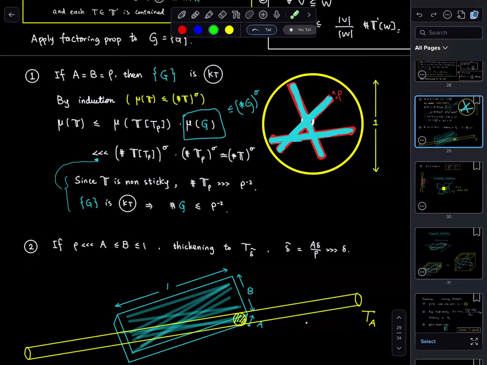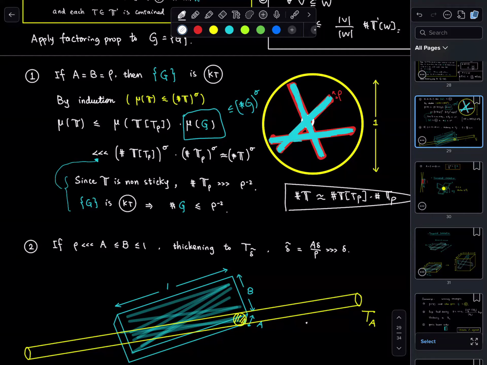So in total, the number of tubes through each point is much less than the number of tubes to sigma. Also recall that after pigeonholing, we can assume that the number of tubes is approximately the number of delta tubes inside T rho times the number of rho tubes. This holds true in general after pigeonholing.